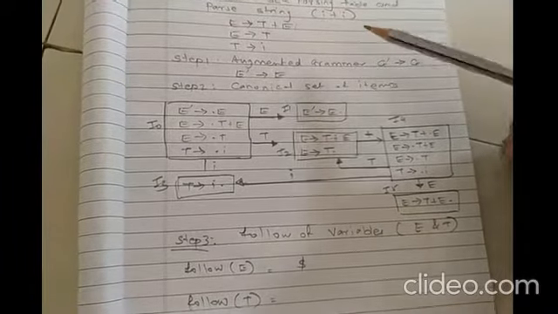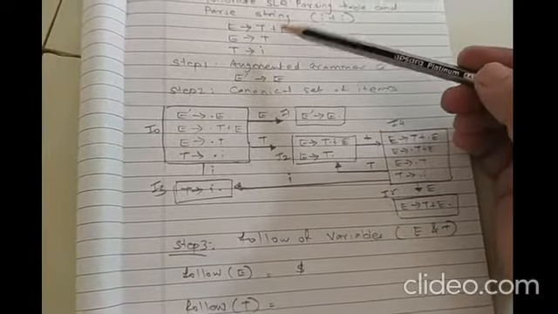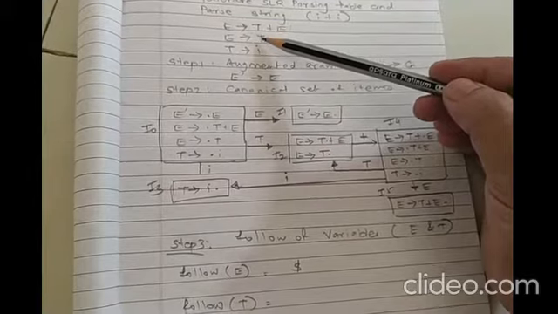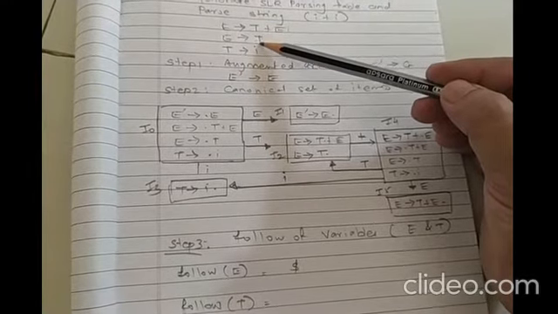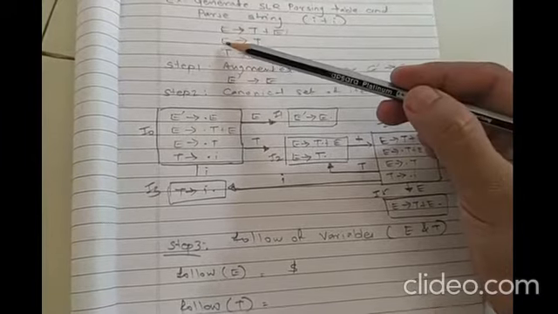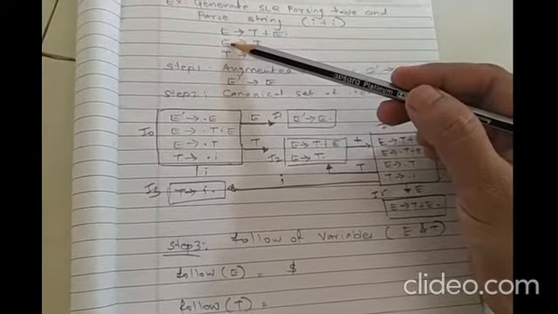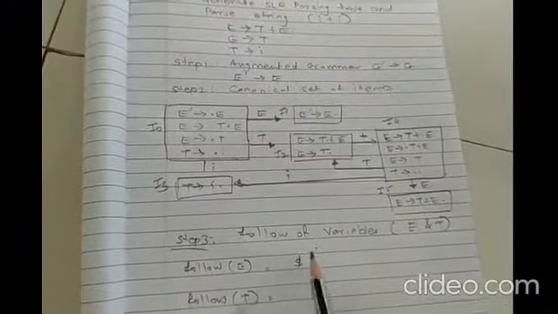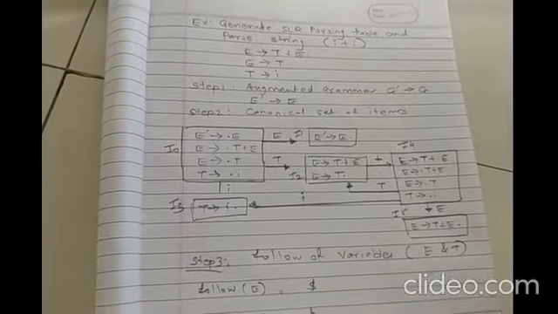Next, let us see follow of T. So follow of T, T is coming on the right hand side. In this production, after T there is nothing. So follow of T is nothing but follow of its left hand side. So what is follow of E? Follow of E is nothing but dollar.